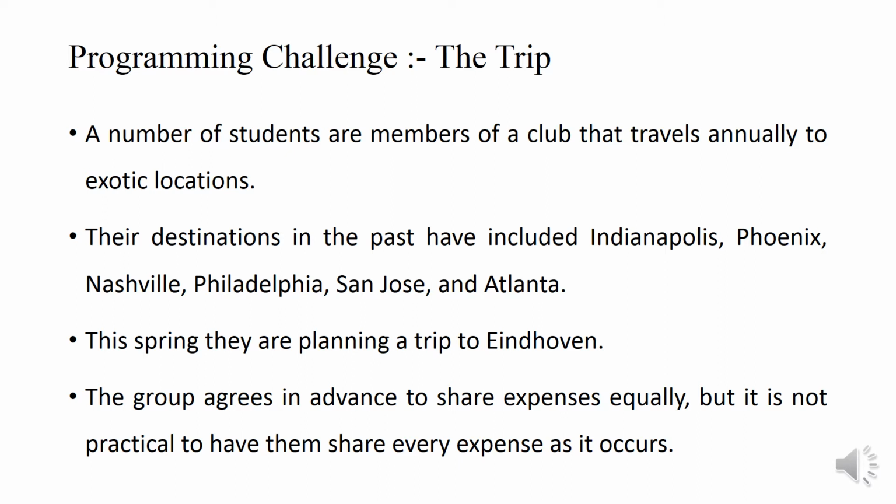At that time, the first student gives 10 rupees, the second gives 20 rupees, and the third gives 30 rupees. The sum of that amount is 60 rupees. So we calculate the average, 60 upon the number of students. The average is 20 rupees.